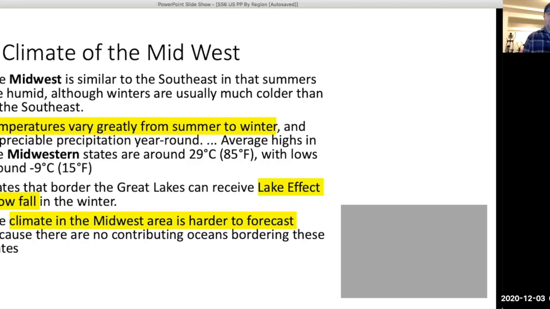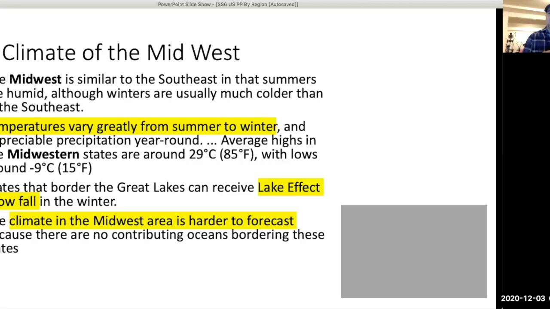All right, climate in the Midwest area is harder to forecast because there are no contributing oceans bordering these states. So when they watch the news forecast, they watch their radar and look at those storms and systems that come in from the north, from the Great Lakes, from the east, and the weather that comes in from the south.